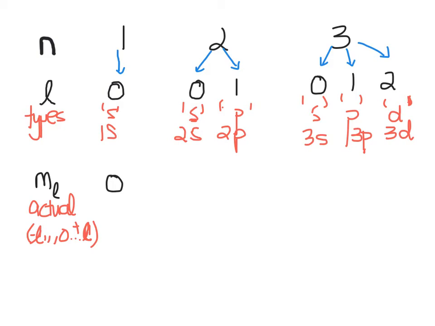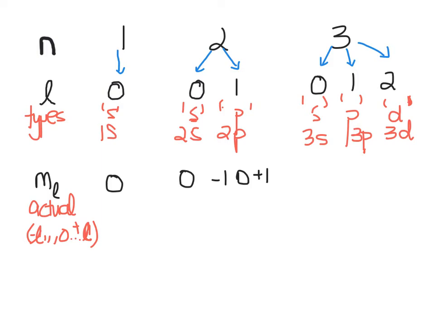If we are on the 2s level, n is 2, L is 0, ml has to be 0. If n is 2, L is 1, our values are negative 1, 0, and plus 1. So we have three values. Negative 1 is one, 0 is another, and plus 1 is our third one.